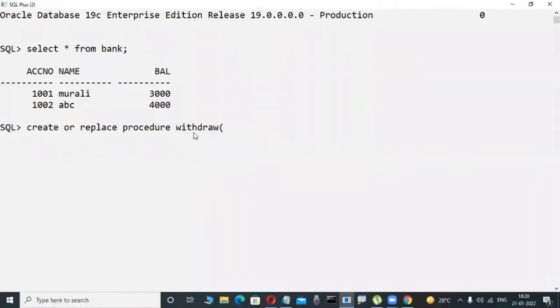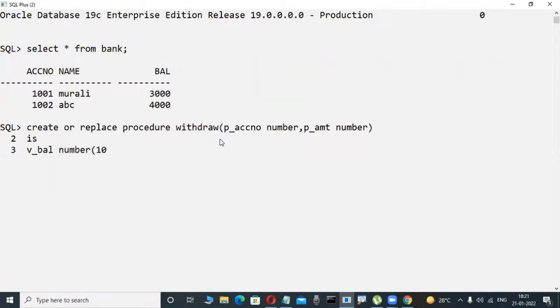Now, create or replace procedure withdraw. Here I'm passing the account number, and the amount also, because I try to withdraw, just like with the ATM card. Now some code is there. I want to find out the balance.